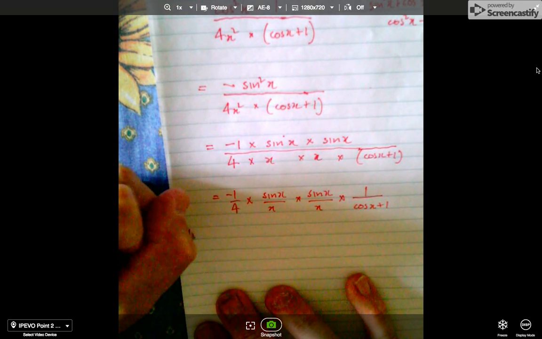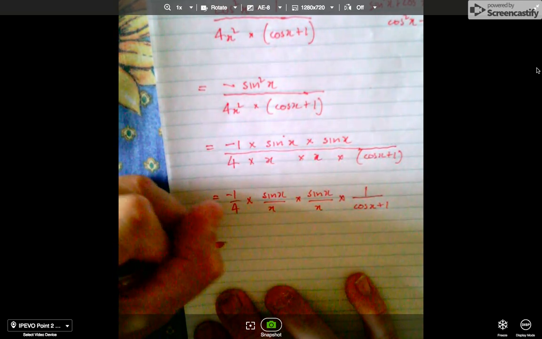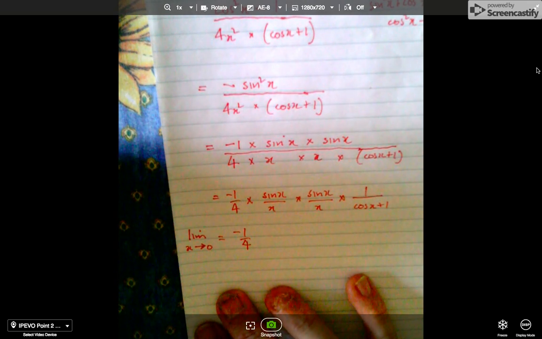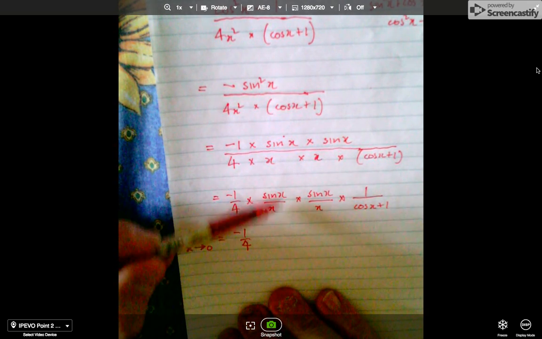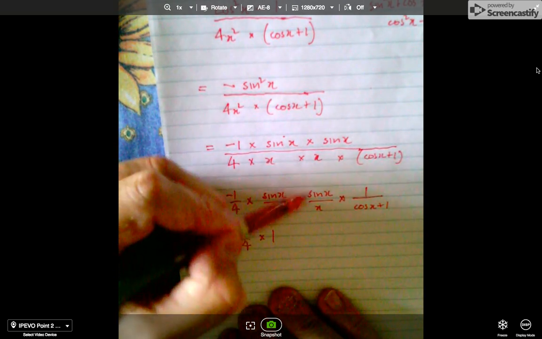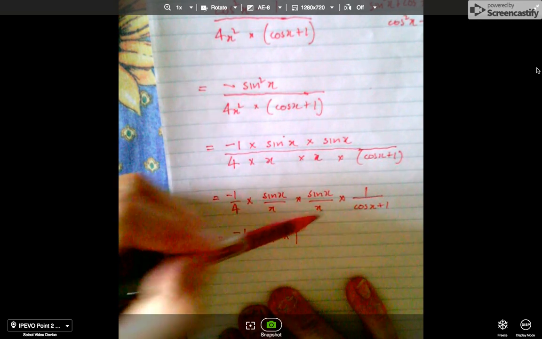Now let's look at the limit as x tends to 0 of this thing here. Well, the minus a quarter stays as minus a quarter. Nothing happens here. As x becomes closer and closer to 0, sine x over x becomes 1. As x becomes closer and closer to 0, that becomes 1 as well.